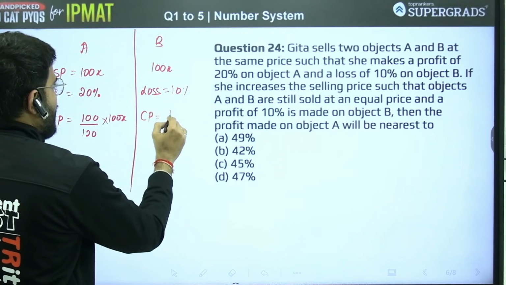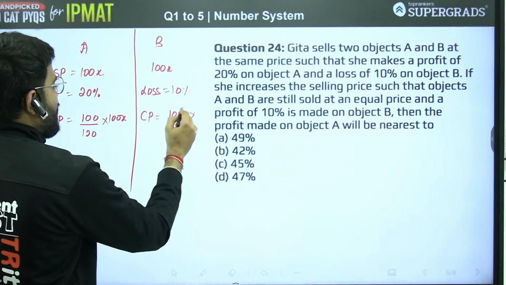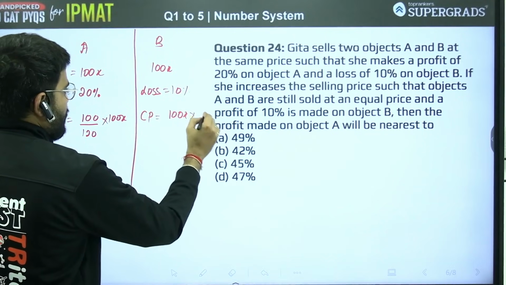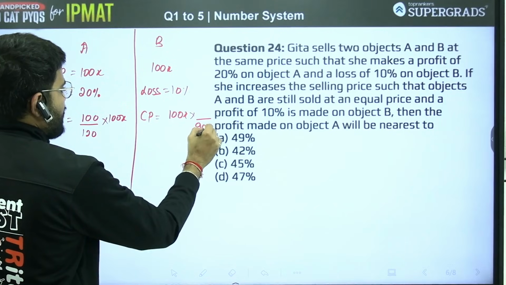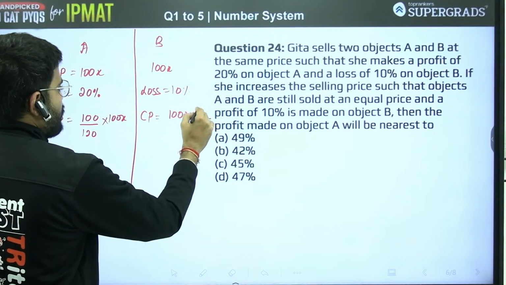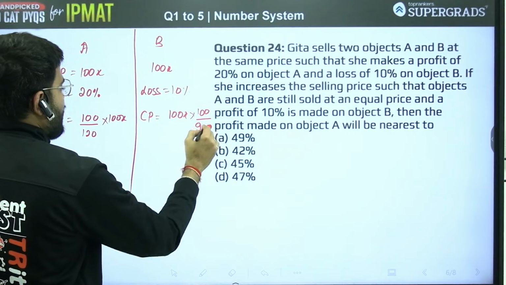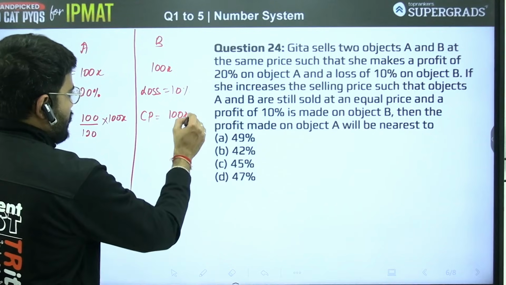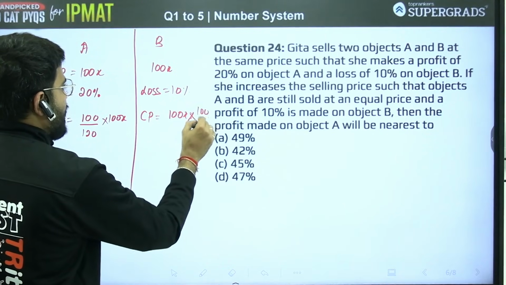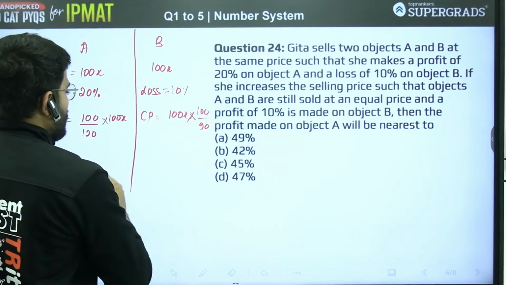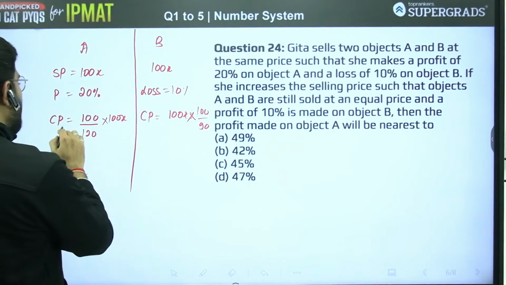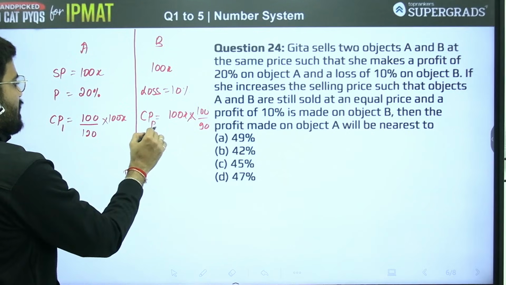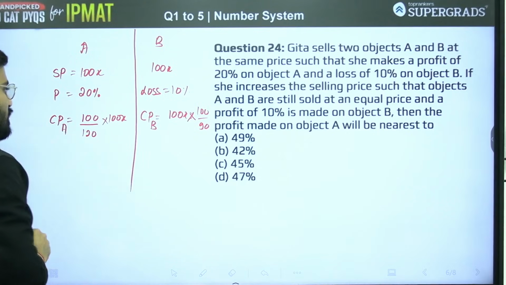SP, that is 100x, multiplied by 100 upon 90, because here you are making a loss. So this is the CP of article A, this is the CP of article B. You got both the CPs.